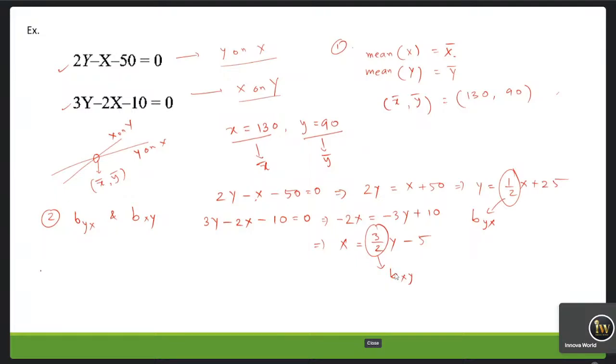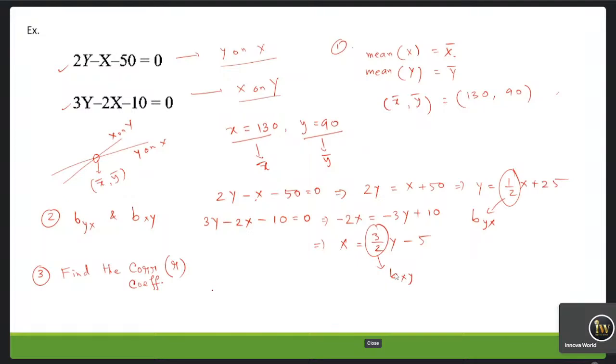Another question can also be formed from this: find the value of the correlation coefficient r. There is a formula between the correlation coefficient and the regression coefficients.